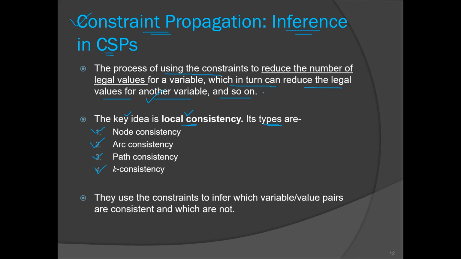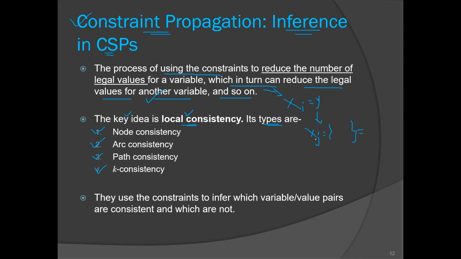But to summarize, what do you mean by constraint propagation? We are reducing the legal values for the next variable. If we have Xi, and we assign some value to Xi, let's say y, it is reducing the legal values possible for Xj.